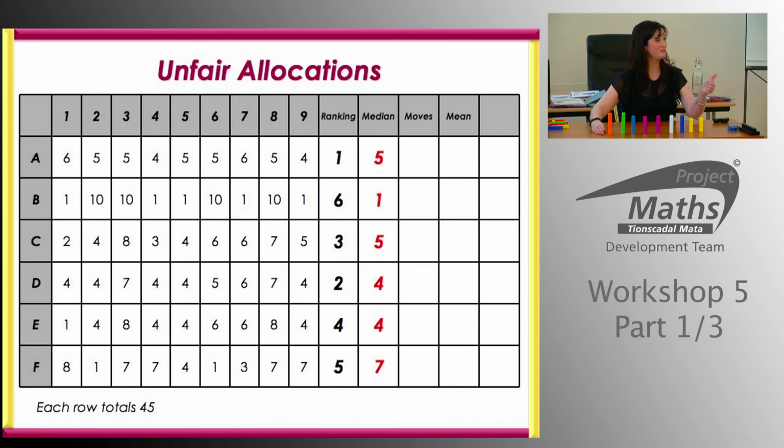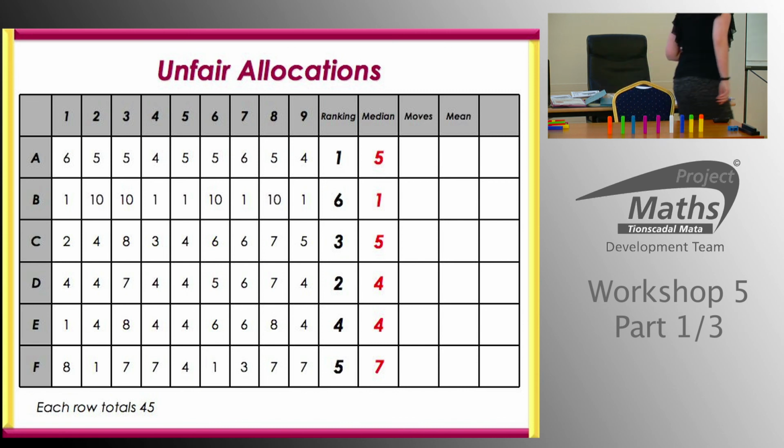Now we know it's 45 sweets and 9 kids, so what do we know our fair share is going to be? Now, what do you expect about the moves this time? It's going to be less. Perfect. So that's interesting. There's going to be fewer moves when the distribution is more fair or more even. Okay, so just the 2 moves.